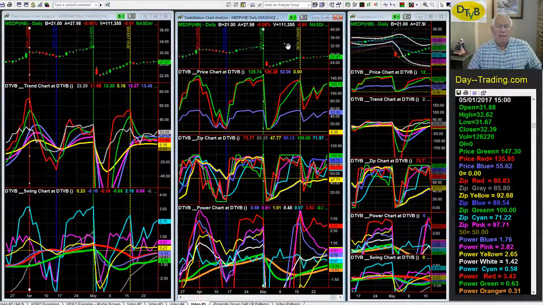The pink and blue are both deep cycle indicators, as well as swing gray. Swing gray is the best deep cycle indicator, and when it turns around and goes the other direction, the cycle has definitely ended.